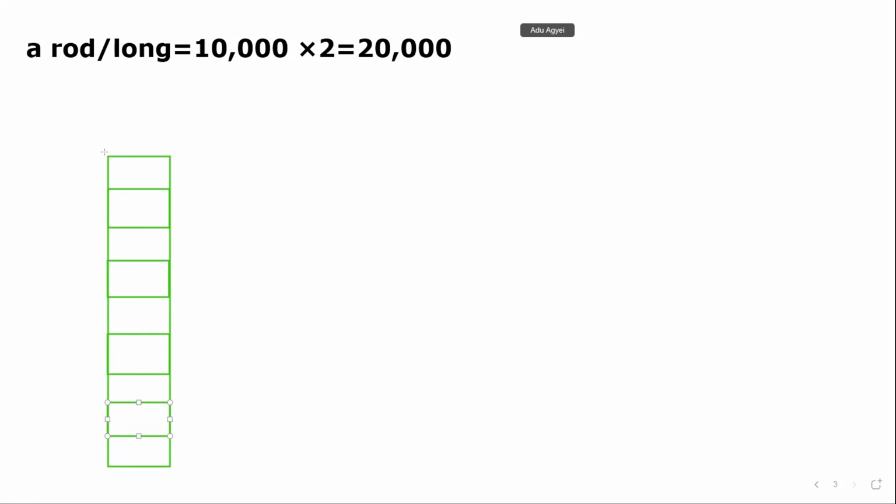So leave it at that. You have to divide it into 10 because 10 keys make 1 rod. Good. Now let's count. 1, 2, 3, 4, 5, 6, 7, 8, 9, 10. Now we have gotten our standard.